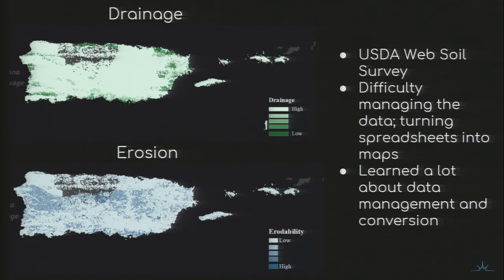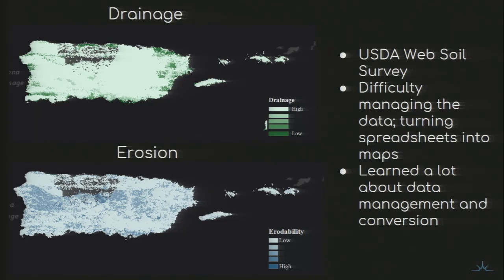So now we're moving on to Puerto Rico, where for drainage and erosion, they have a similar methodology as far as creating this map goes. But the biggest thing for me personally that I had to learn to handle was transforming the data from non-spatial to spatial, which was, again, a new process for me that I had never done before in high school.